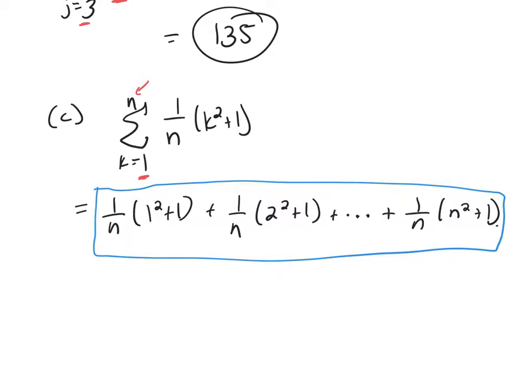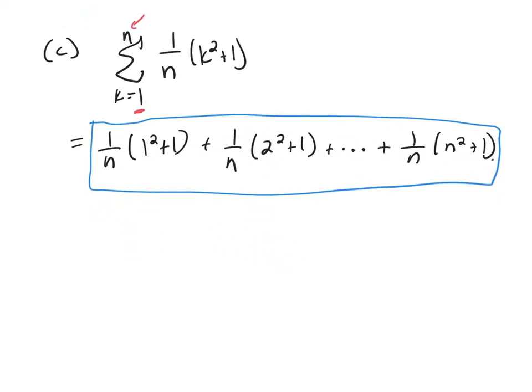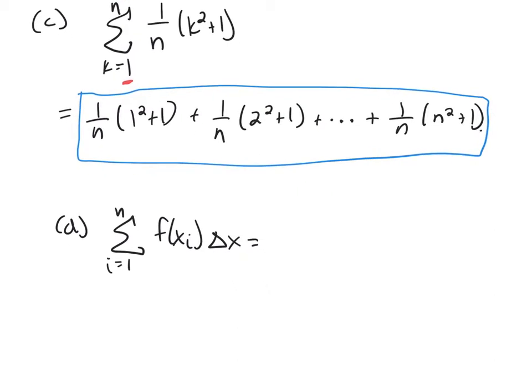And it's not a specific value because we don't know what n is here. Once you fix a value of n, this would become a fixed number. Let's look at one more of these. So if I have the sum from i equals 1 to n of f of xi delta x, so again, you start off with your lower bound, here's 1, and you keep going until you get to your upper bound of n.